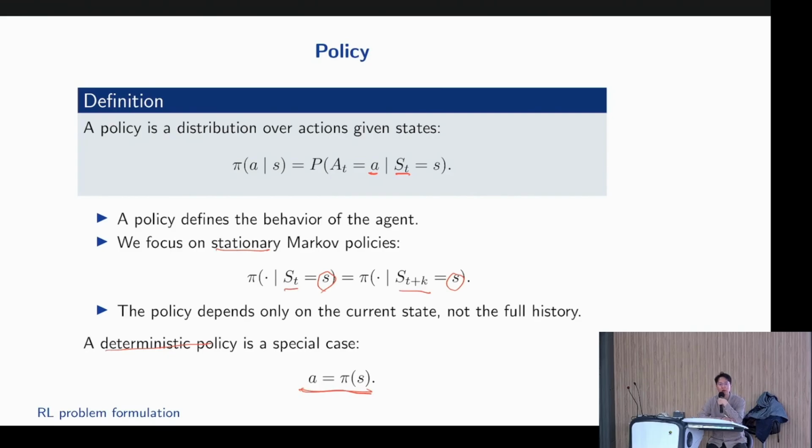So what would be some environment that you can think of where a stochastic policy is better than a deterministic policy?